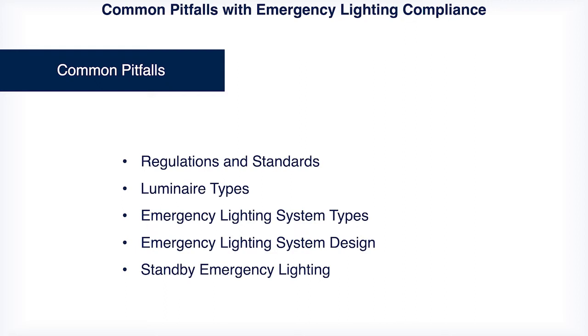Understanding of the luminaire types is very important, as well as the system types and the different system designs that you can have. And there's a small bit that we've got to talk about with standby emergency lighting, because that's becoming just as important.